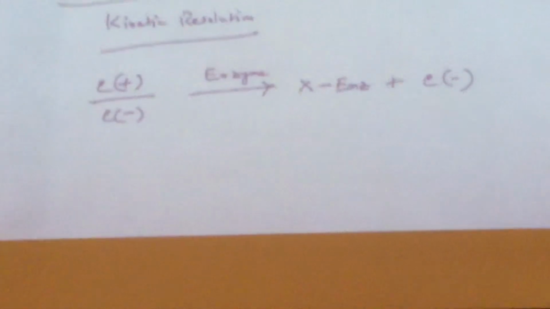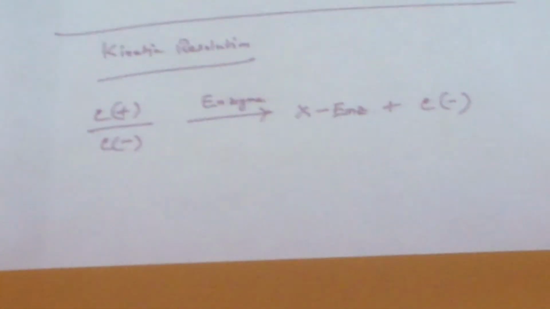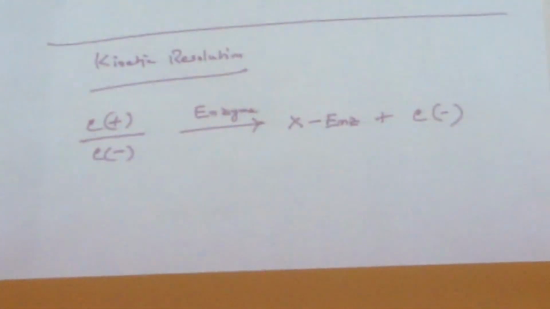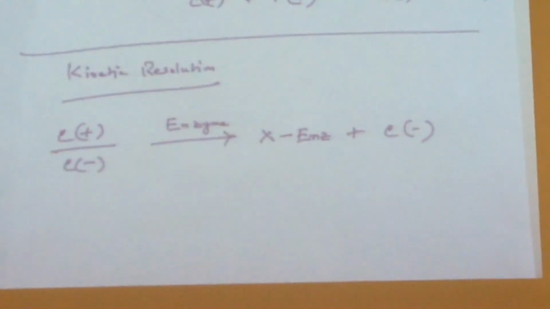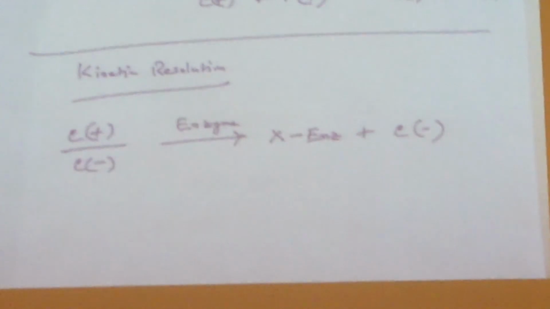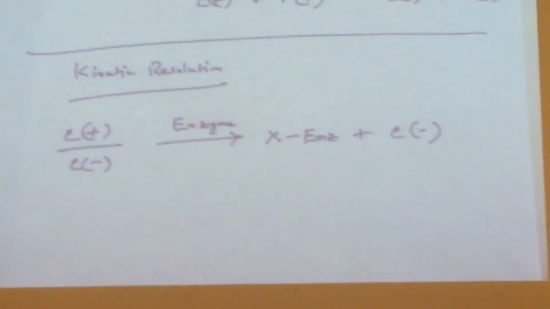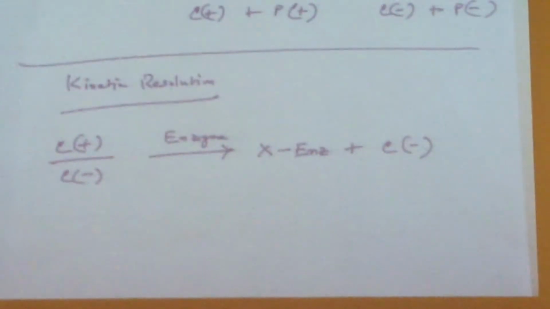But those are, again, very specific for the enzyme. Those enzymes need to be actually identified first in order for you to carry out this type of kinetic resolution. But both of these methods have been extensively used for resolution of enantiomers.